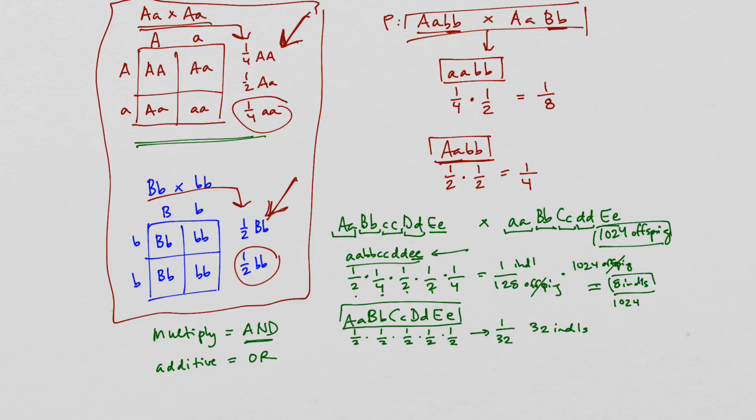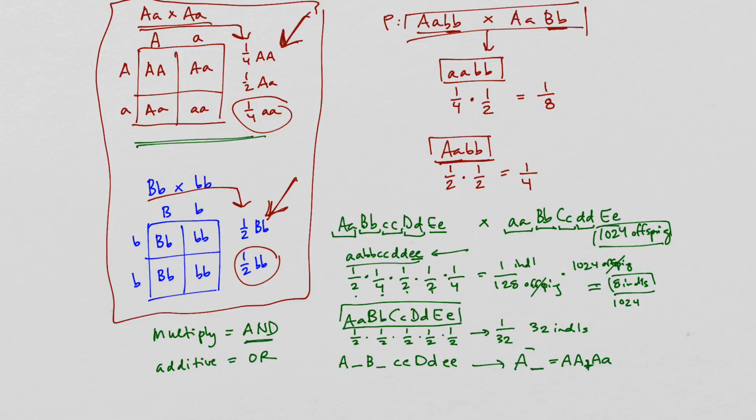Now, somewhat more confusing is going to be to consider how many offspring have this genotype: at least one big A, at least one big B, little c, heterozygous D, homozygous recessive E. Now, remember that A-bar, or at least one big A, is the same thing as the combination of how often we're going to see big A, and how often we're going to see heterozygous for A. So this would be an example of additive probability.